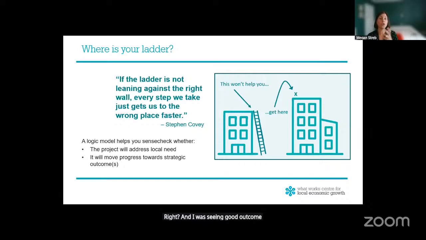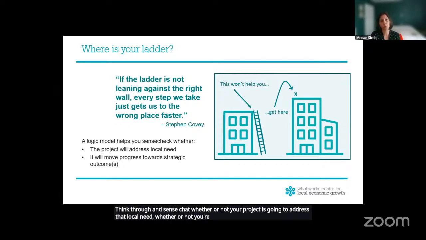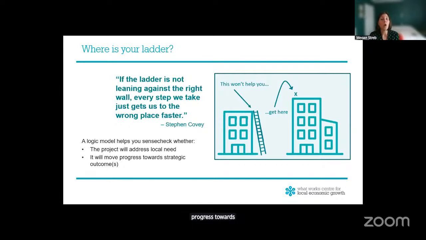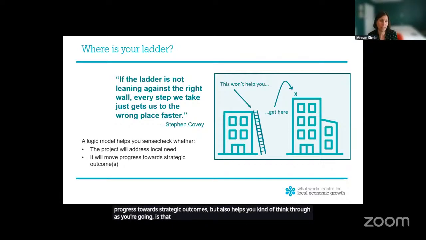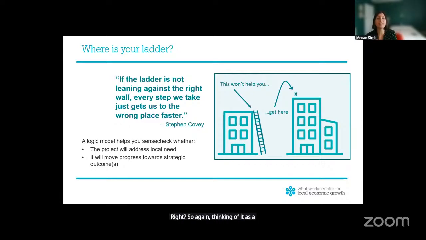And so a logic model is not just something that helps you think through and sense check whether or not your project is going to address that local need, whether or not you're going to progress towards strategic outcomes, but also helps you think through as you're going, is that still true, right? So again, thinking of it as a process, is it still reaching that need?